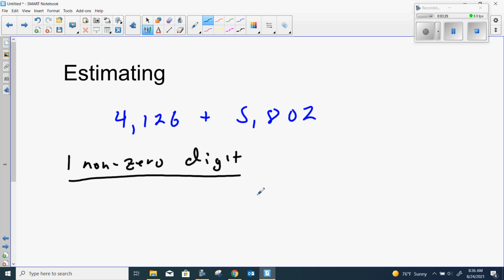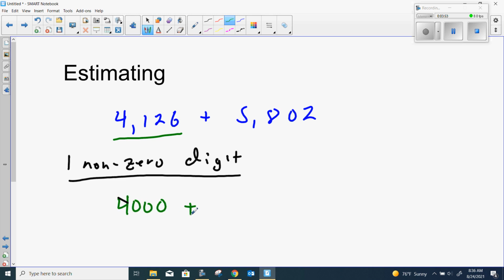When we're talking about one non-zero digit, we're talking about a number such as 4,126, where we want one digit to be not 0 and the rest of them to be 0. So when we round that number to one non-zero digit, the number becomes 4,000, because the 1 is less than 5.